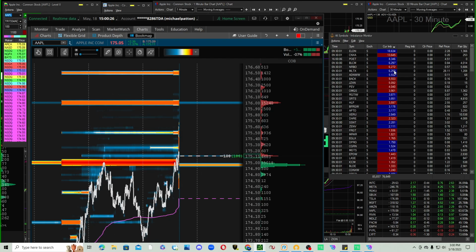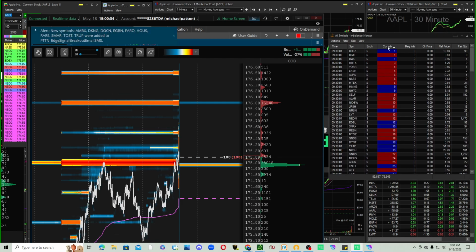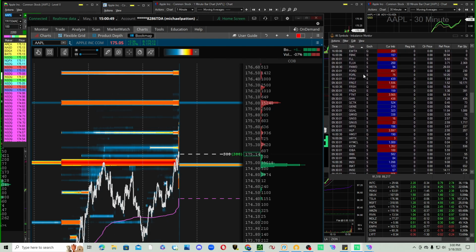So the imbalance is, hold on. Actually, correction. Apple did not close with a 100 and something thousand imbalance. It actually closed with, where is it? Okay, I don't see it on here.